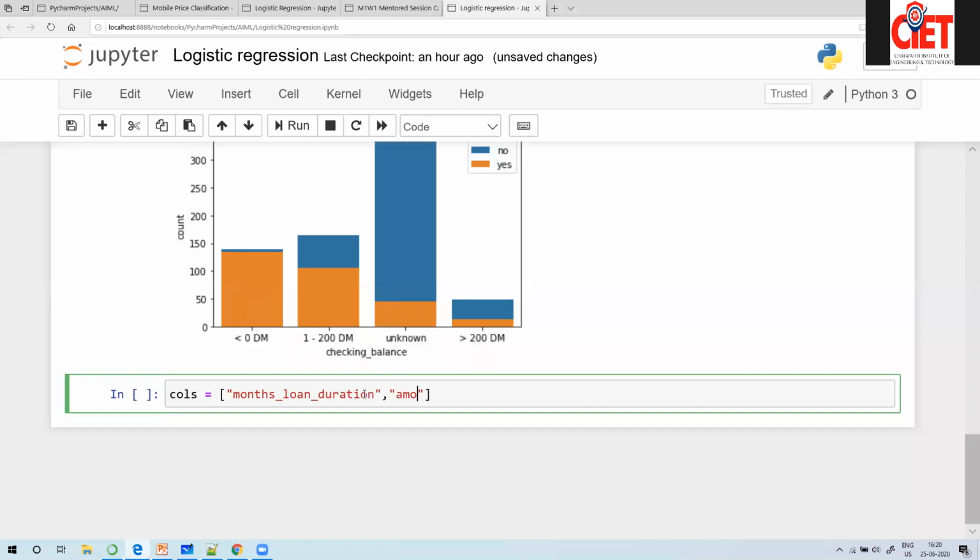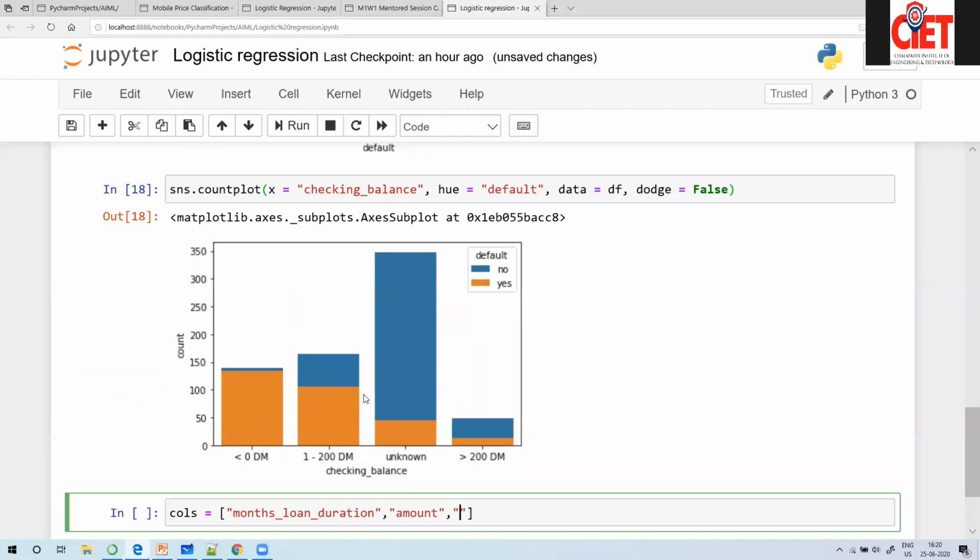Then amount, that's also important. We checked it. Checking_balance. We have one more variable called credit_history.